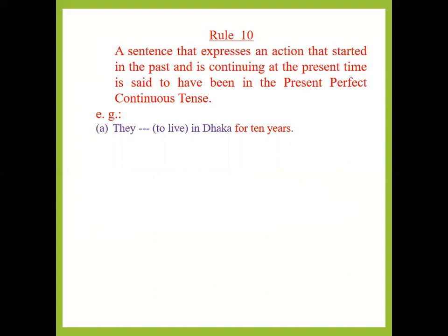So the verb will be in present perfect continuous tense. And we know that a present perfect continuous tense takes "have been" or "has been" after the subject and the verb plus "ing" form. Here, "have been" is used because the subject is plural, that is "they".